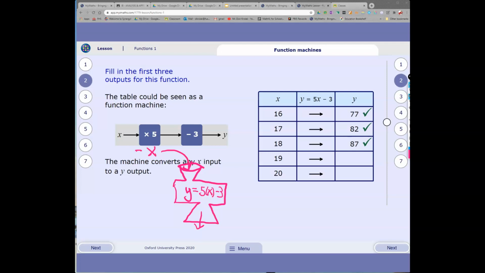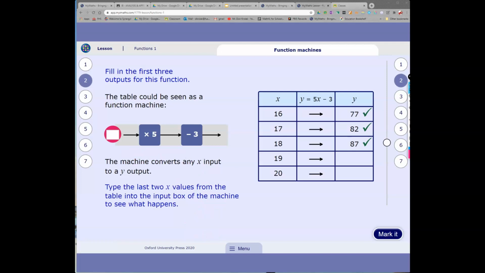So if 16 went in, then the y value that came out is 77. So we also refer to it as a machine where you're putting something in and something's coming out. So our next step is to type in the last two x values from the input table of the machine and see what happens.